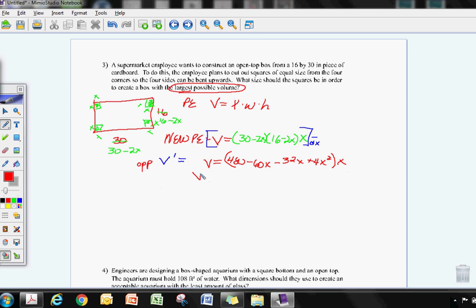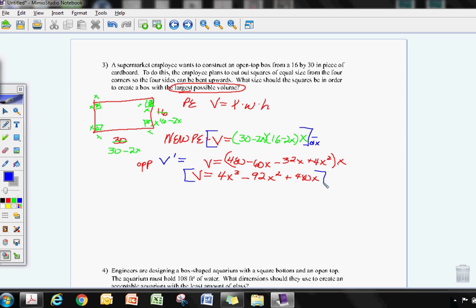So my volume function is actually going to become 4x to the third power, subtract 92x squared, and then plus 480x. Okay, so now I'm going to switch and take my derivative.